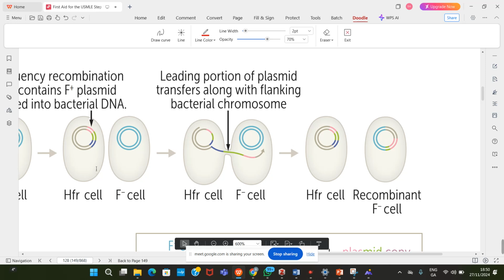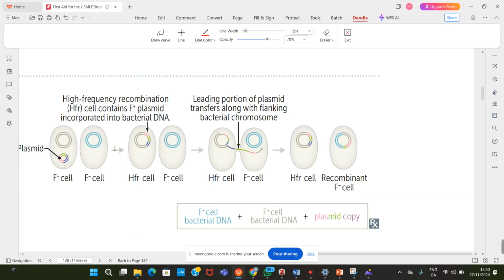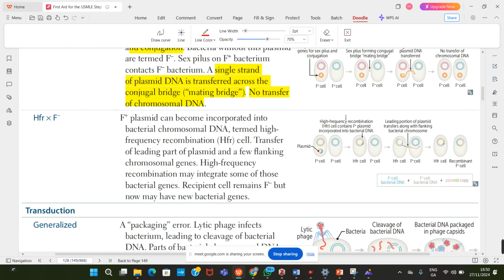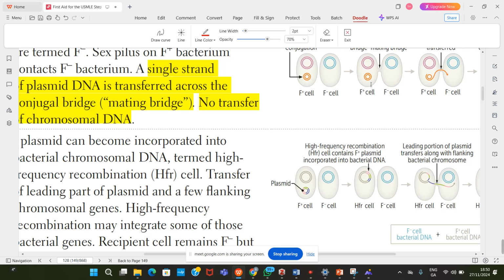Okay, so we can see it up to this level. This is the high frequency recombinant containing the plasmid and the bacterial chromosome. They want to transmit the bacterial chromosome to an F negative cell. Because this one already contains the plasmid, it is going to form the mating bridge. But you remember that when we were discussing the one on top, we said it is the entire single strand that leaves, right?